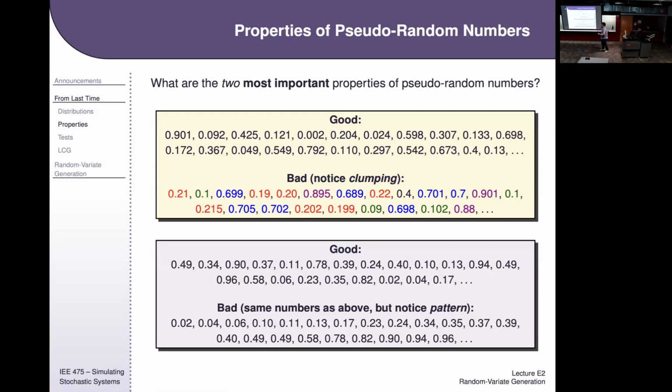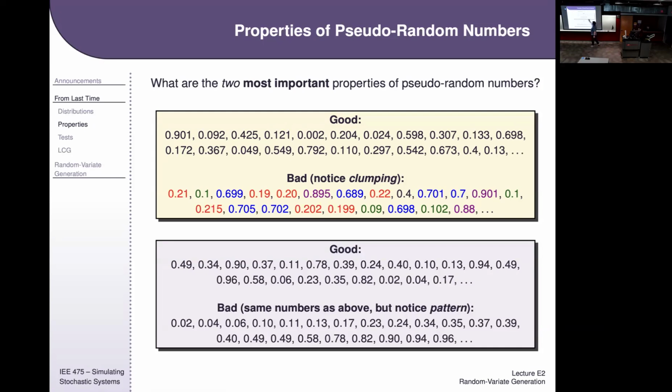If you notice there's a pattern, and that pattern doesn't have to be increasing. It could be that the first number is positive, the next is negative, the next is positive, and it always oscillates back and forth. I may not know the magnitude of the number, but I always know the sign. That's still a violation of independence. So if you look at a string of numbers and there's a pattern, it's not independent.